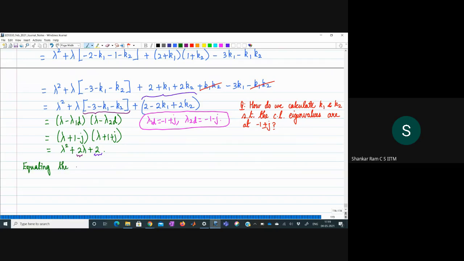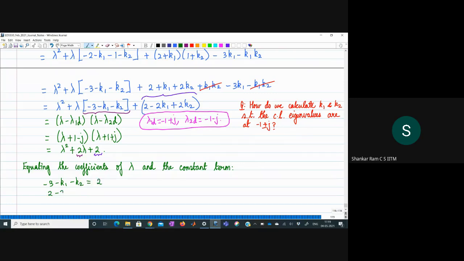So equating the coefficient of lambda and the constant term, what do we get? We get minus 3 minus k1 minus k2 equal to plus 2.